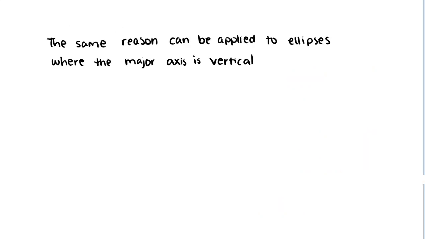And so all the reasoning that we had for determining the location of the foci in our previous example was based on the fact that we stretched our ellipse more horizontally than vertically.